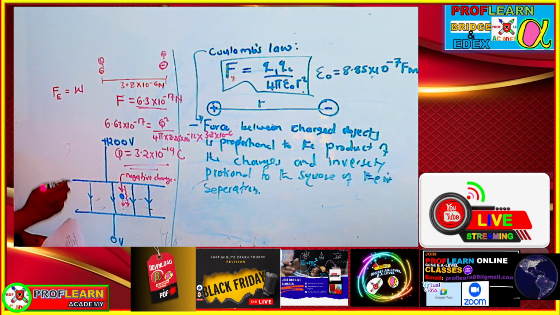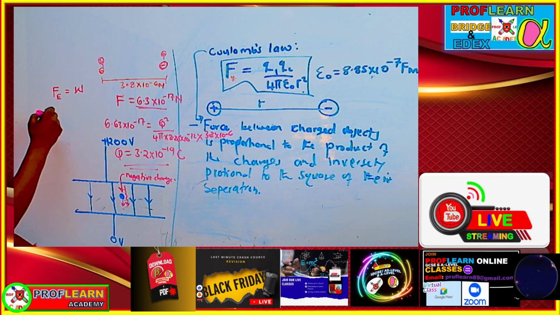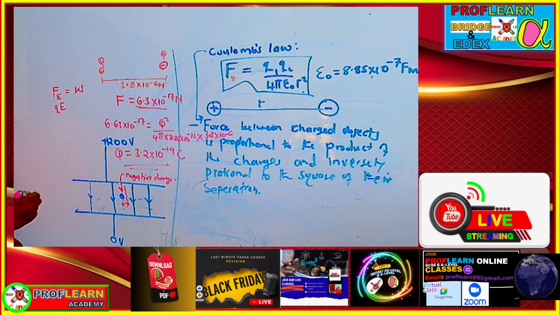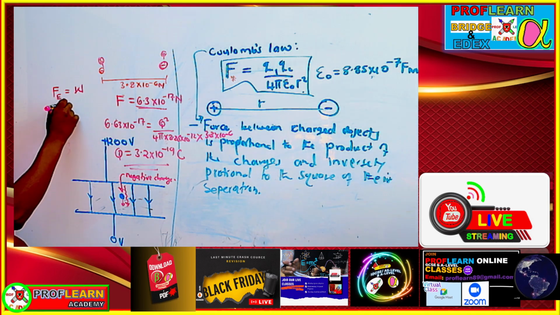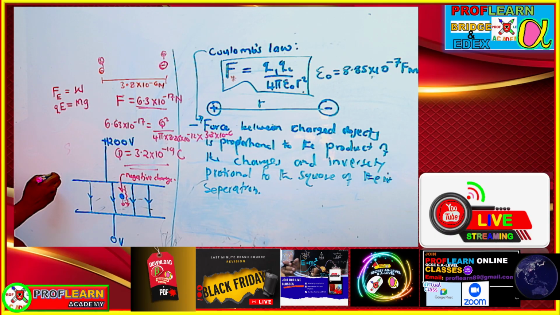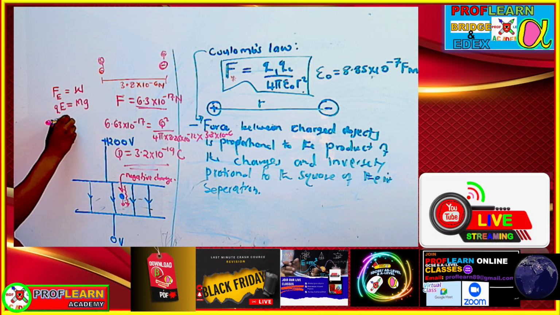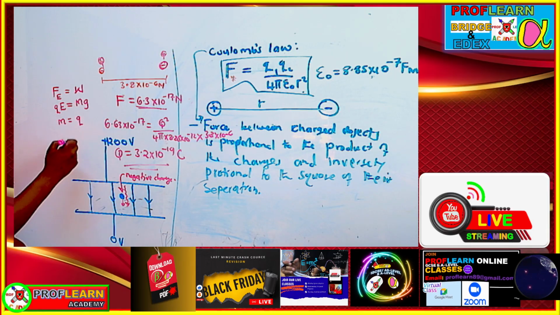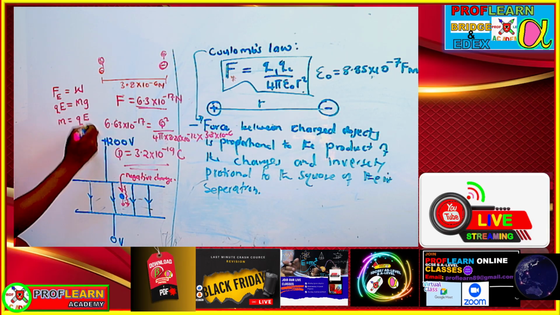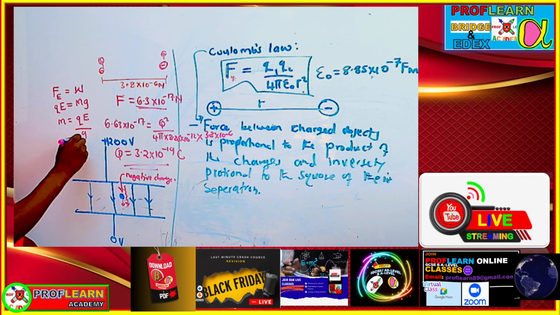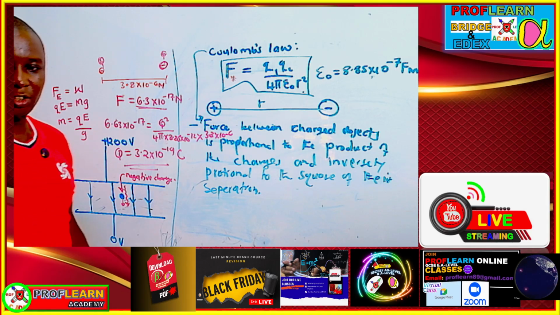Electric force is charge times electric field, and the weight is mass times gravity. So our mass is going to be the charge of the oil drop times the electric field between the two plates divided by the gravitational field strength.